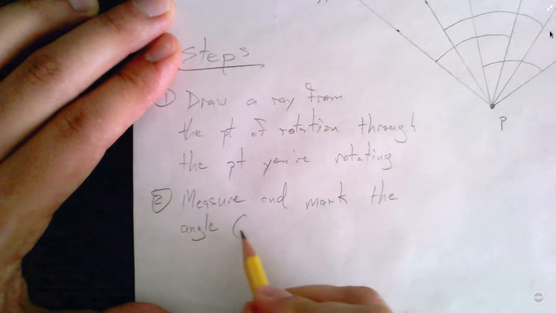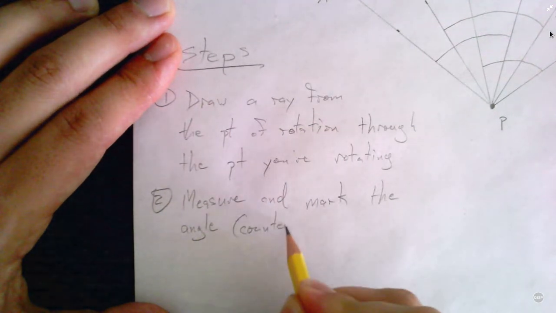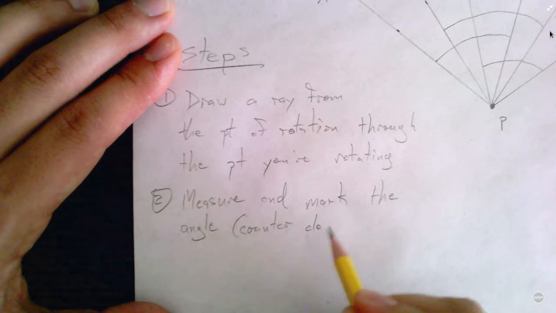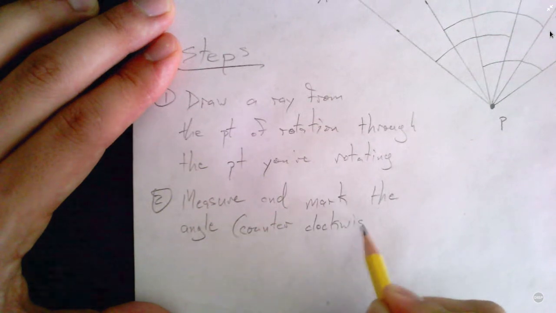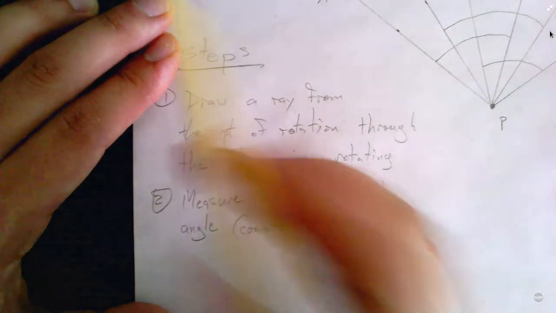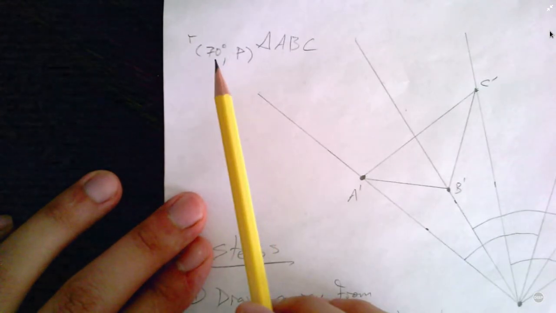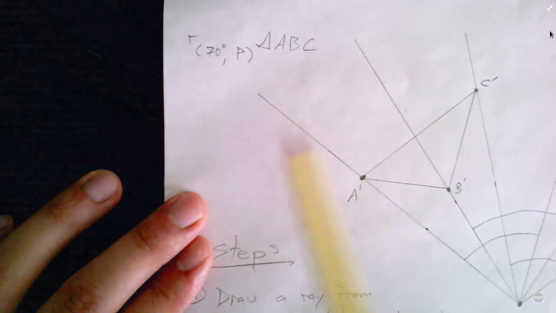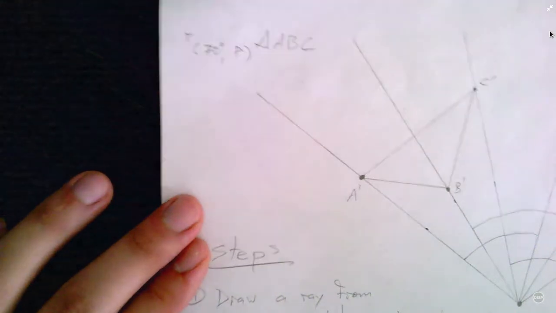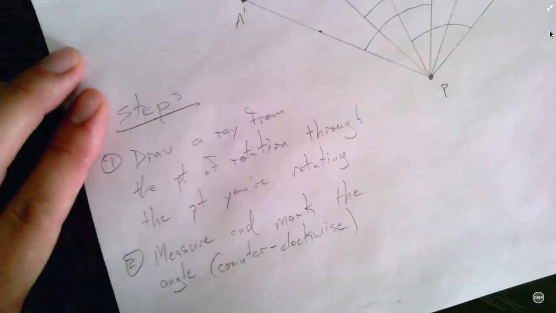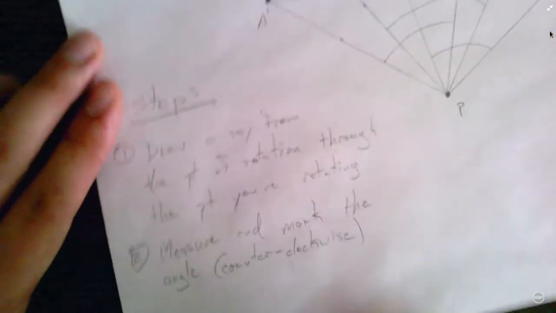Remember, you are always going counterclockwise. Okay, so when I said I was going to rotate 70 degrees, that means I'm rotating 70 degrees counterclockwise. Okay? Alright, and then the third step, let me write this someplace where you can see it.